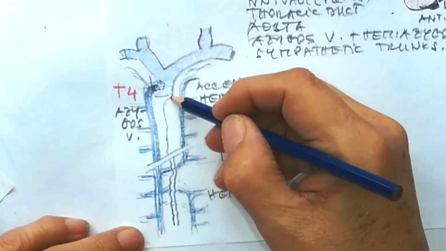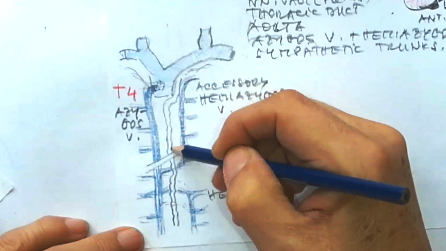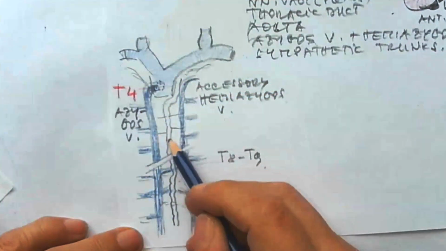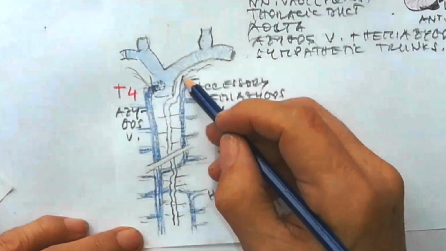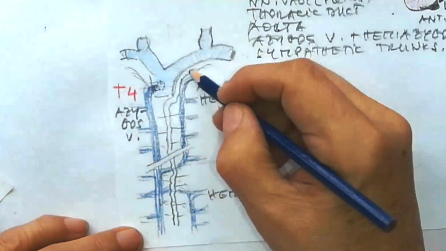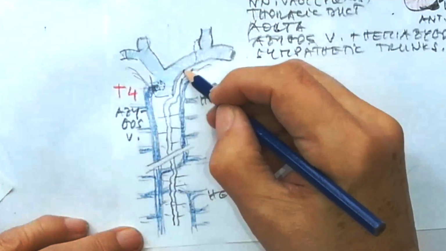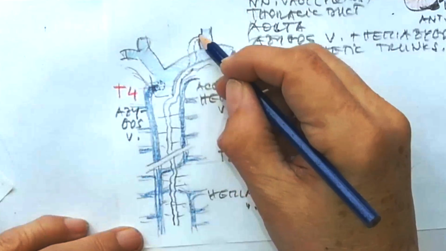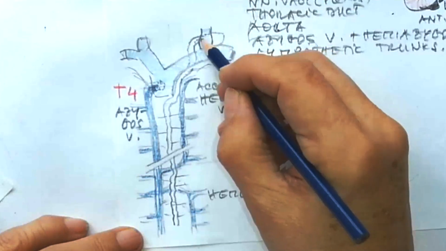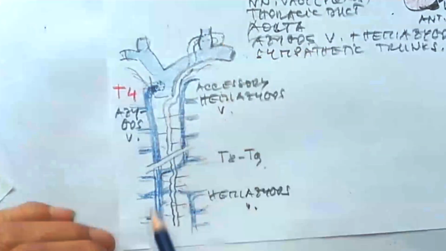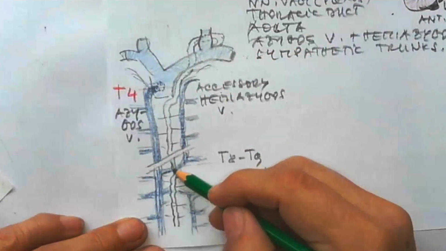Then at the level of T4 it usually changes position, of course receiving also segmental tributaries, goes up, ascends behind the brachiocephalic vein, crossing it dorsally, also the internal jugular vein, and finally opening into the left venous angle.